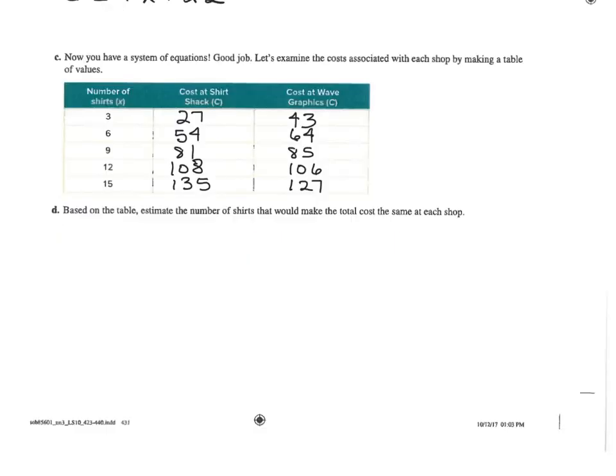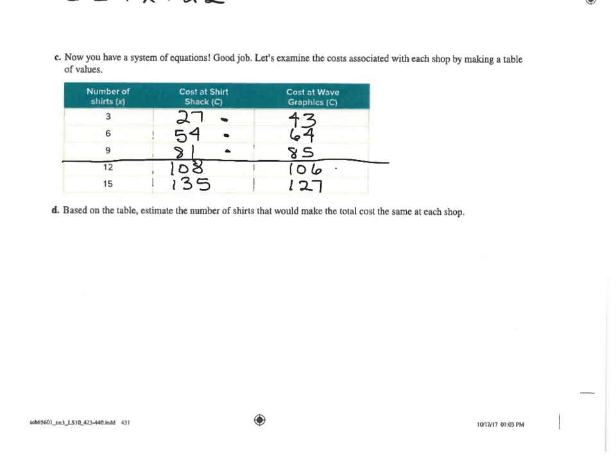Okay, D says, based on the table, estimate the number of shirts that would make the total cost the same for each shop. Well, it looks like Shirt Shack is cheaper here, they're getting a little closer here, then all of a sudden between 9 and 12, they get to be a little bit more expensive.